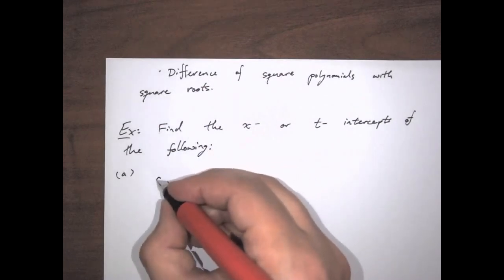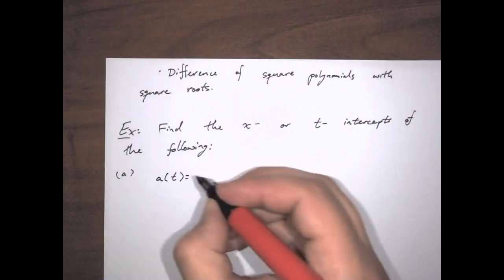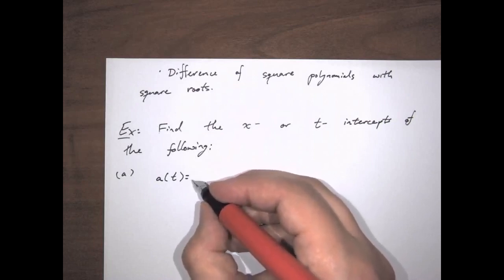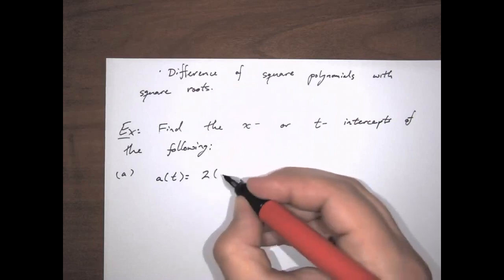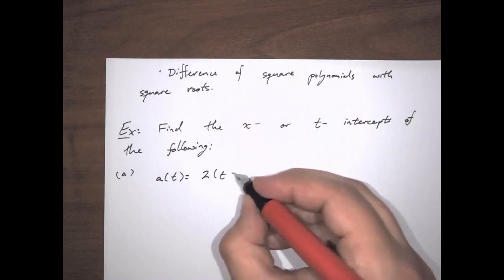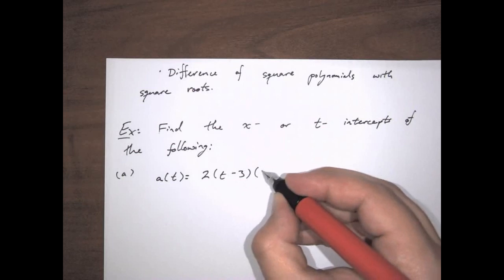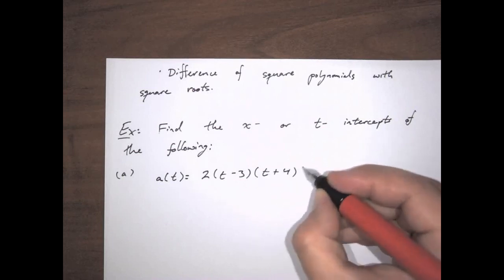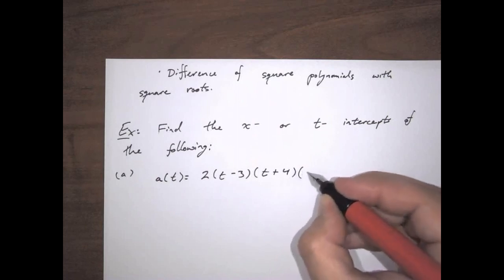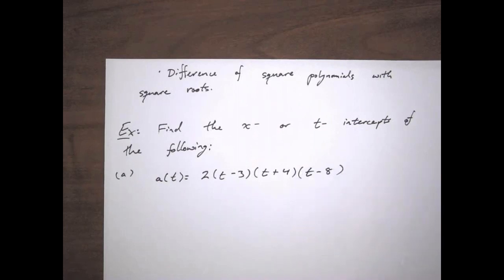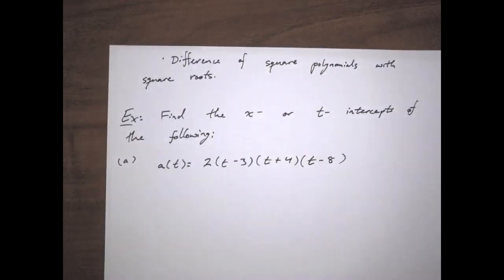Let's say a of t is equal to... So it's already going to be in factored form, and so there's not going to be a whole lot of crazy stuff that we have to do here. We could have 2 times (t minus 3) times (t plus 4) times (t minus 8).